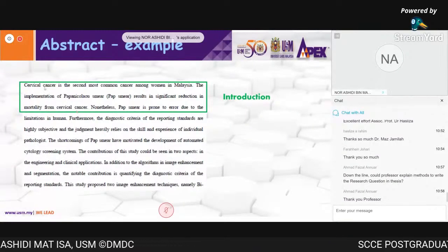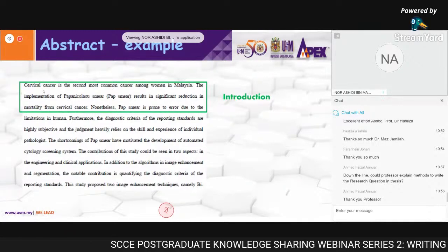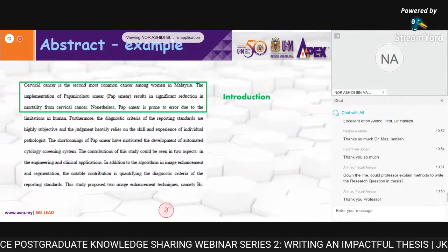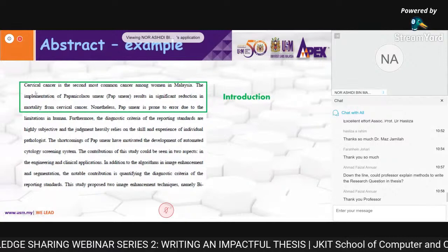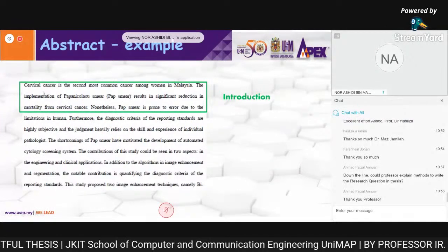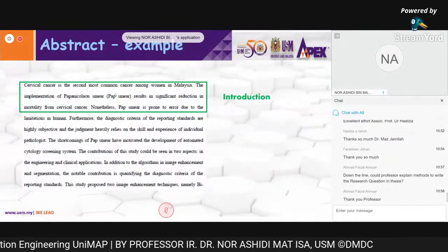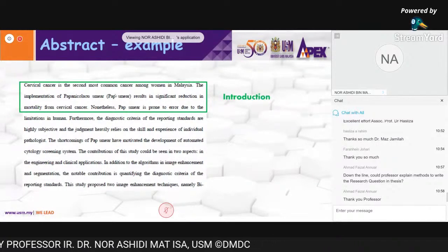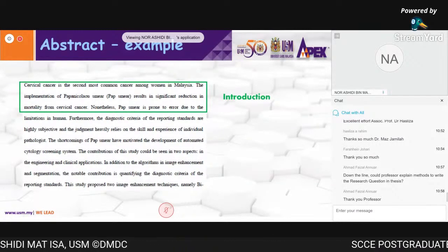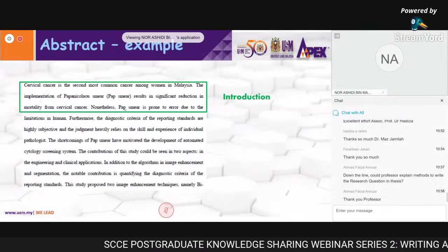People know that Pap smear is commonly related to cervical cancer. So this is the introduction. This is the general research area, which is cervical cancer, and she wants to focus on the Pap smear. Only focus on the Pap smear, which is the images of the cervical cell, in order to detect cervical cancer.